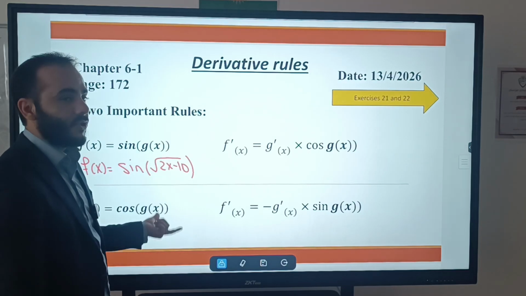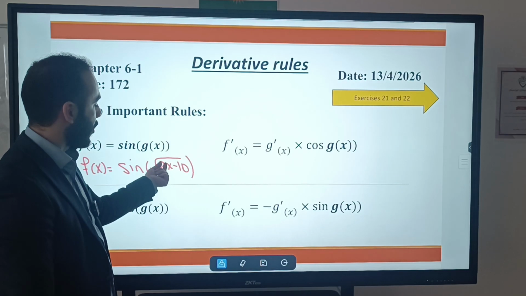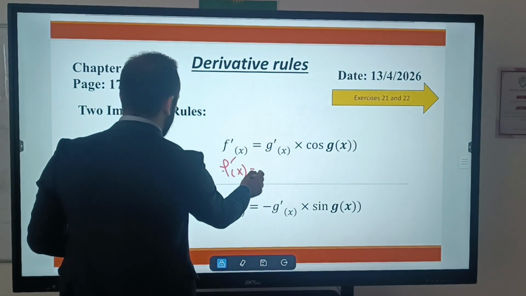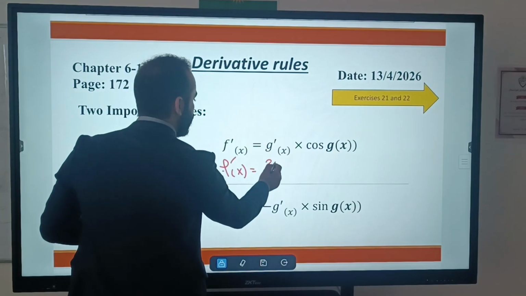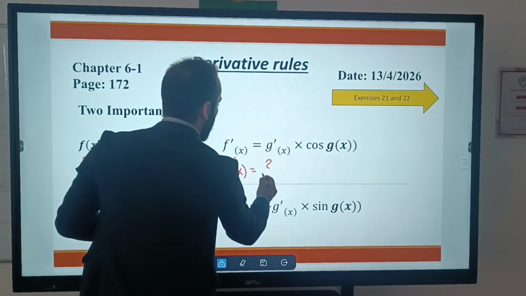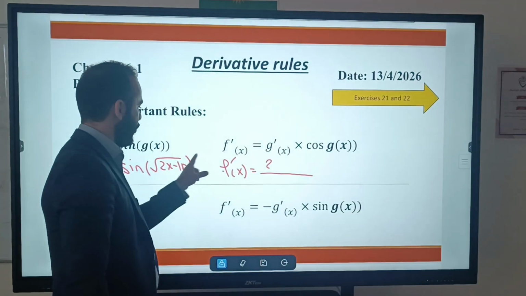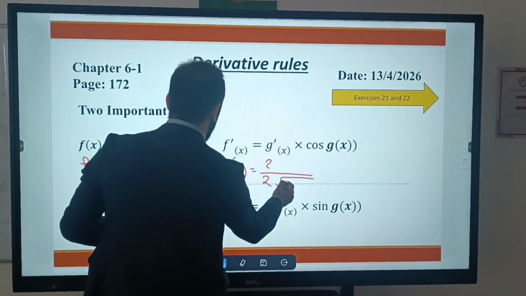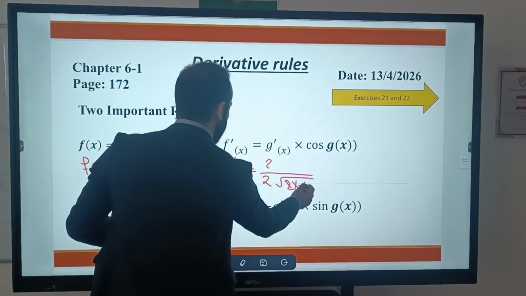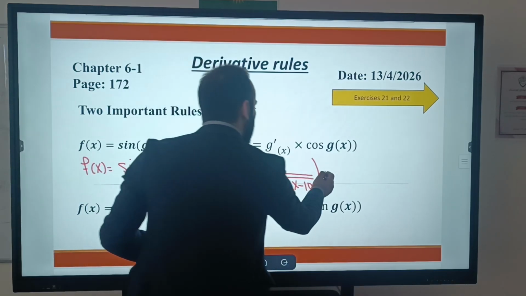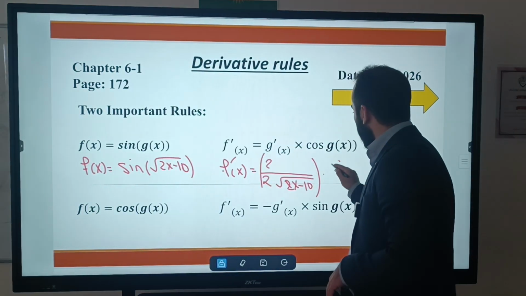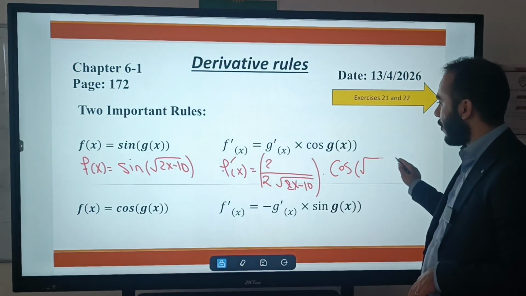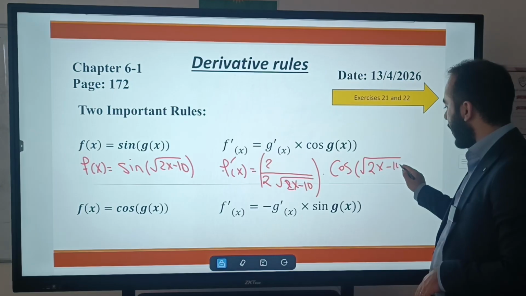So derivative of square root, use rule number 5: f prime of x equals derivative of this one, which is 2, derivative of 2x is 2, derivative of 10 is 0, no need to write it, over 2 times the same square root, 2x minus 10. Put it inside the bracket, multiply by the derivative of sine, which is cosine of the same function, square root of 2x minus 10.